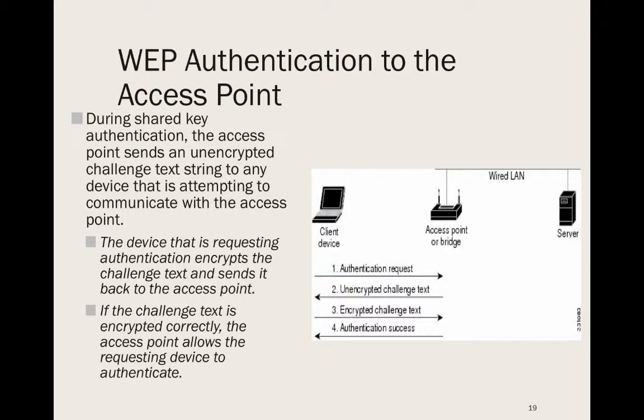The device encrypts the challenge text and sends it back to the access point. If the challenge text is encrypted correctly, the access point allows the requesting device to authenticate, otherwise it drops it.